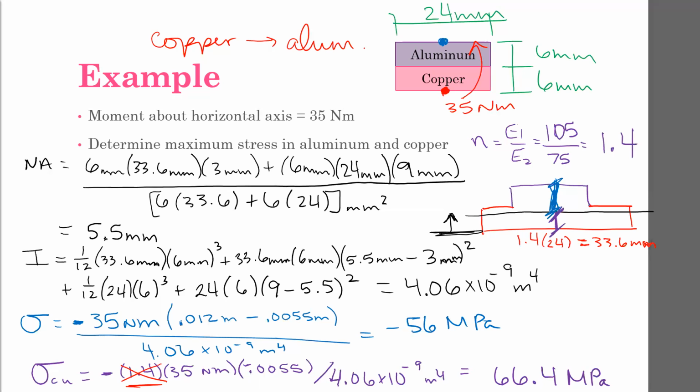But you have to be calculating that stress at the same location that you wanted in the end. You can't calculate the aluminum value at the top and then multiply it by 1.4 and get a value at the bottom. You have to calculate the stress value in the aluminum at the bottom, and then it converts with that 1.4 back up to being copper.